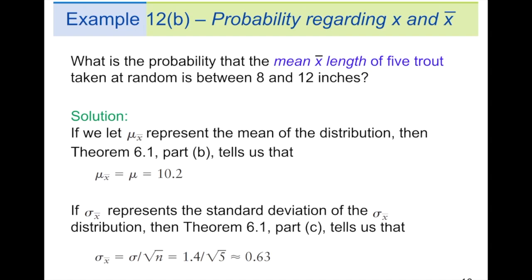If sigma x bar represents the standard deviation of the x bar distribution, then Theorem 6.1 Part C tells us that sigma x bar is equal to sigma divided by the square root of n, which is 1.4 divided by the square root of 5, which is about 0.63.